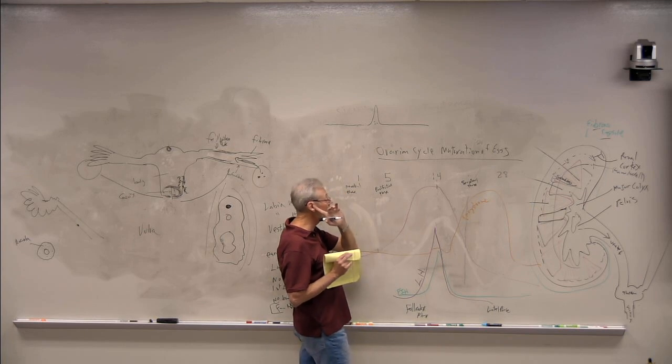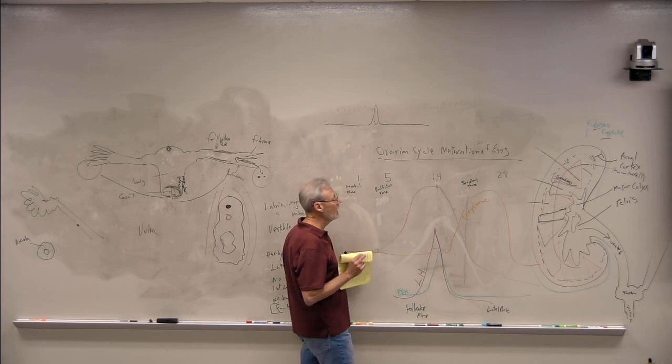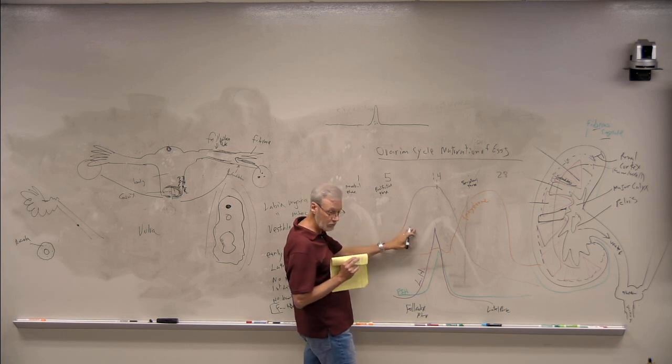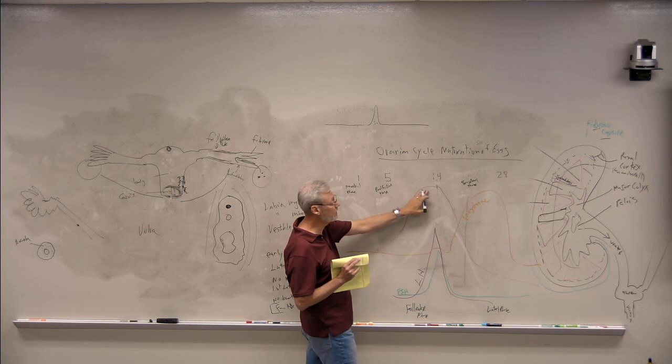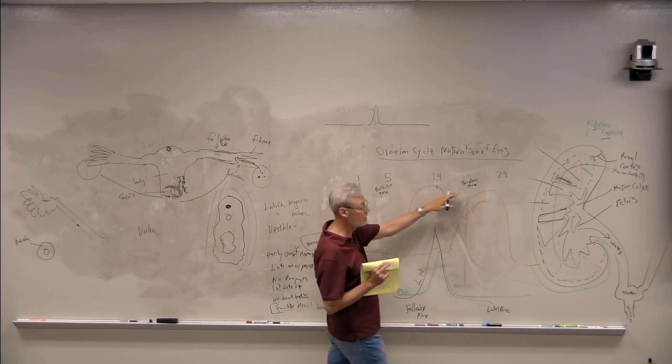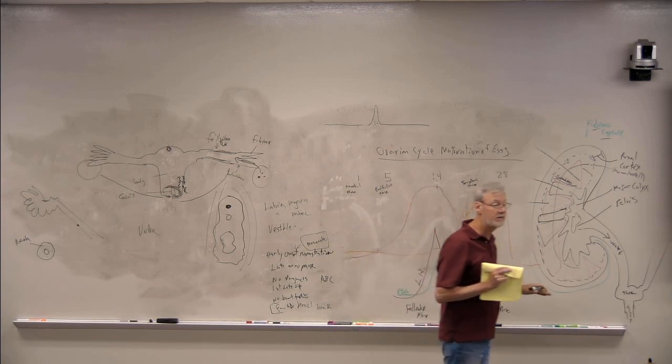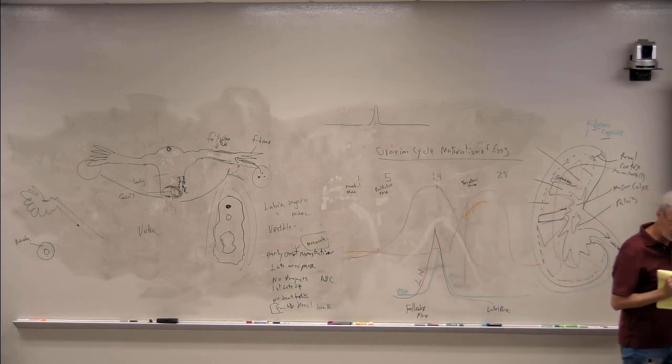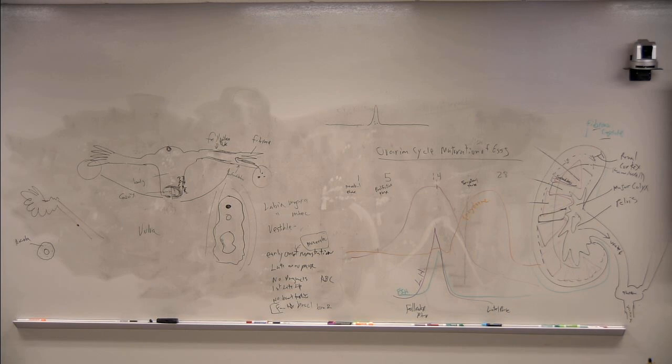And then you start all over again, yes? And this is if you do not become pregnant. If you do become pregnant, the estrogen will stay up. I don't know if it'll stay up this high, but it will stay up throughout the pregnancy, okay? Throughout the pregnancy, right?